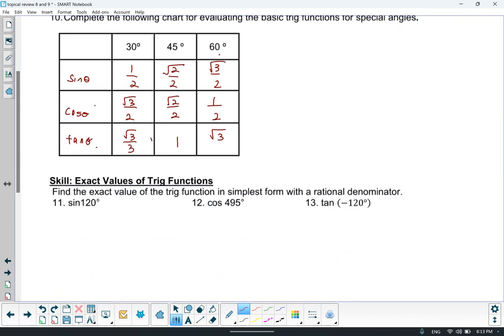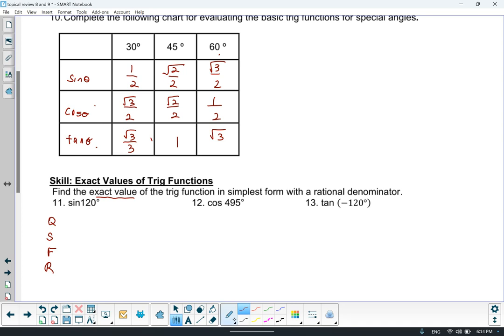So how is that helpful? Sometimes we're asked to find the exact value of a trig function. And so if I have sine of 120, instead of figuring out the whole thing, I can bring it down by finding the quadrant the angle lies in, whether sine is positive or negative in that quadrant, the function, and the reference angle.